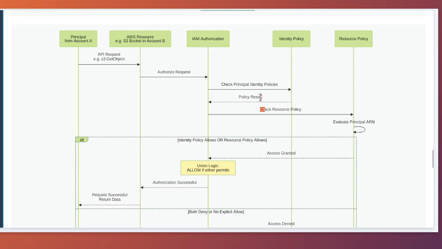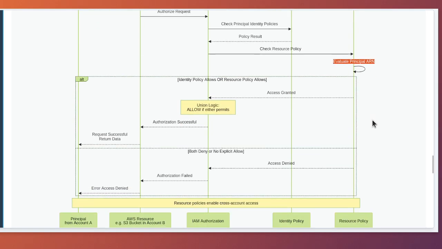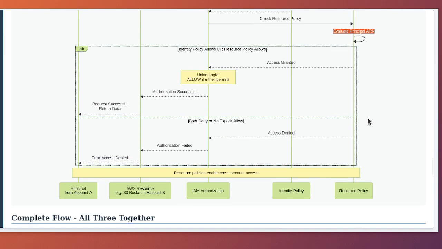Identity policy responds back with policy result, which might be allow, deny, or no explicit statement. IAM authorization then sends check resource policy to resource policy. Resource policy evaluates the principal's ARN against the policy statements, shown by the self-referencing arrow labeled Evaluate Principal ARN.